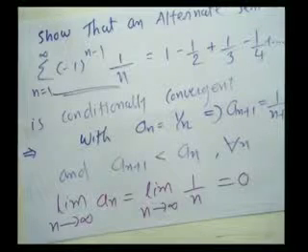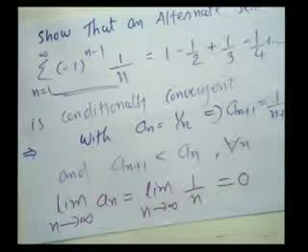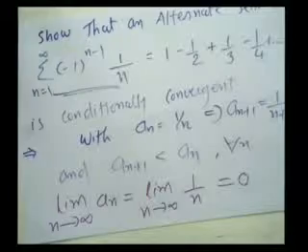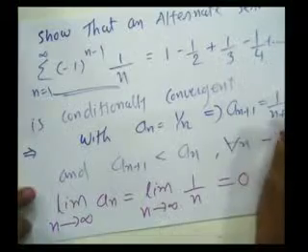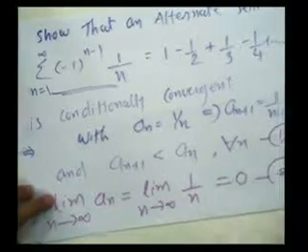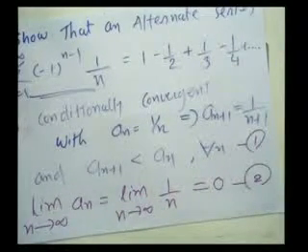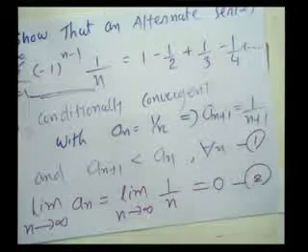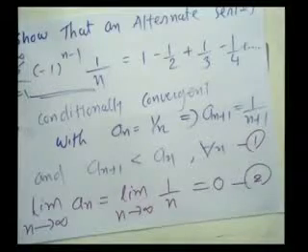So both conditions hold: limit n tends to infinity a_n is equal to 0, and a_(n+1) is less than a_n for every n. These are the two conditions for checking the convergence of an alternate series by the Leibniz test. This is our condition number 1 and this is our condition number 2. So by the Leibniz test we can say that the given alternate series is convergent.